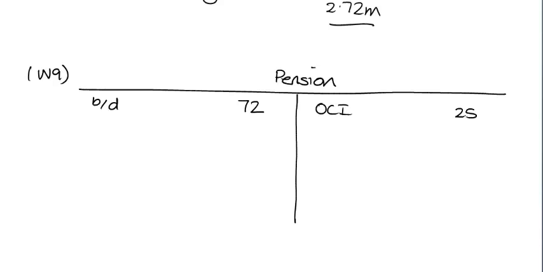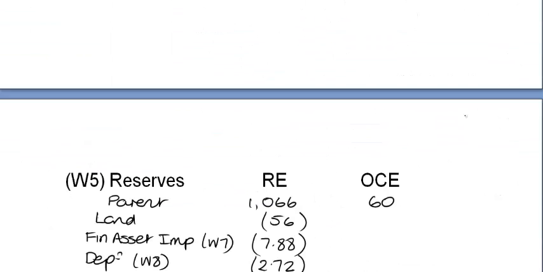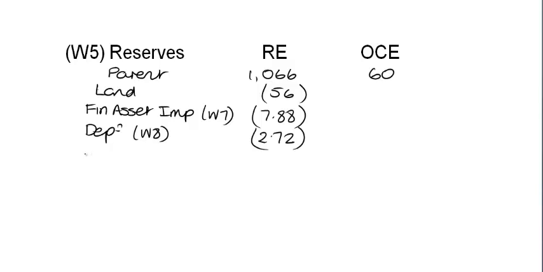So that's going to be debit OCI, credit pension. So I go to OCI in reserves. That's other reserves. So pension. This is working number 9. I'm going to put through that loss through OCI like so.